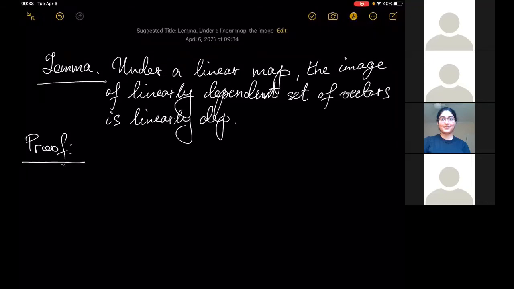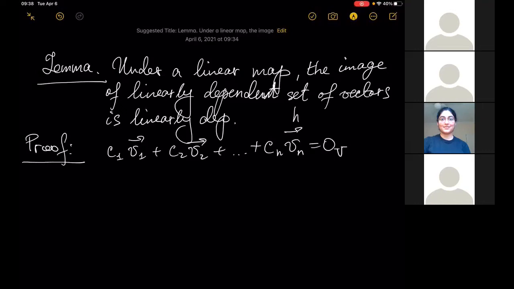So let us suppose that we started from a linearly dependent set of vectors. What does it mean? It means that we can consider a linear combination, and a homomorphism which maps V into W, right?